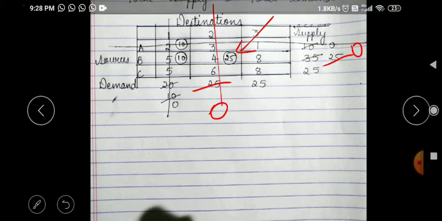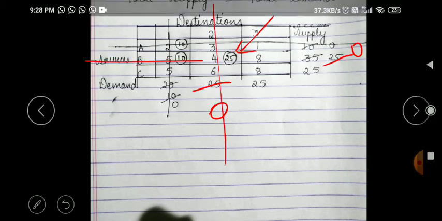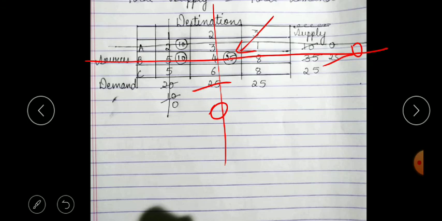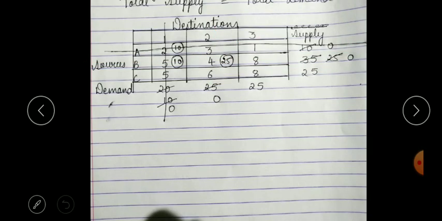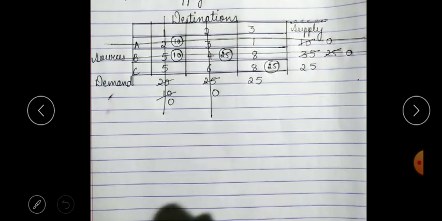So this also will be cancelled and this also will be cancelled because both have become 0. A row has become 0, a column has also become 0, so both will be cancelled out. This is what I've done, 0 here, 0 here, and both have been cancelled out.